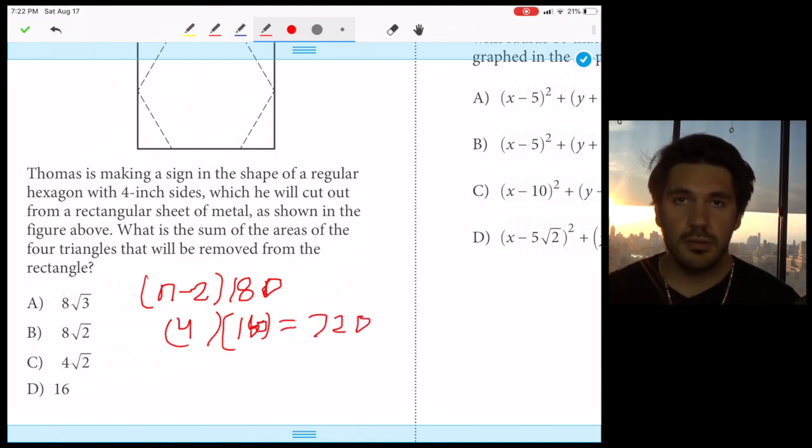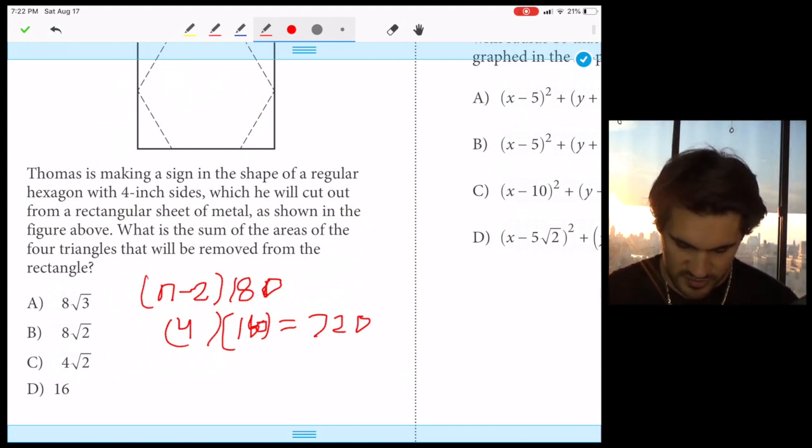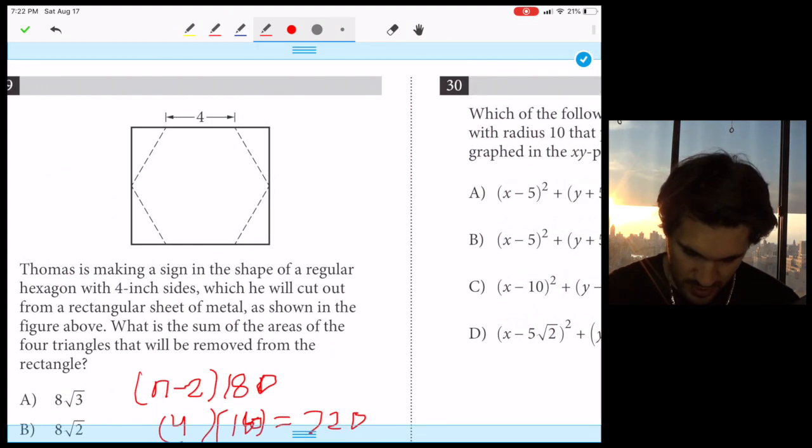Now, if a hexagon has 6 different interior angles, we can do 720 over 6, which gives us 120. So we know that each of these interior angles right here is going to be 120 degrees. All of them. So on and so forth.